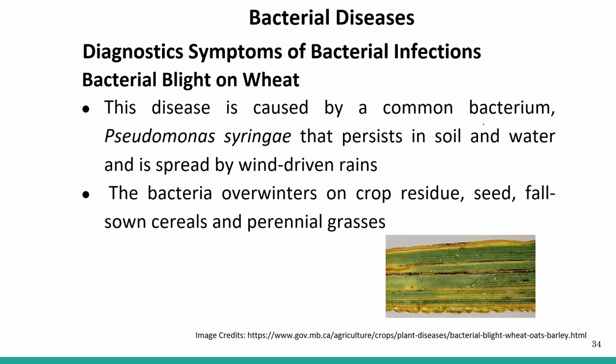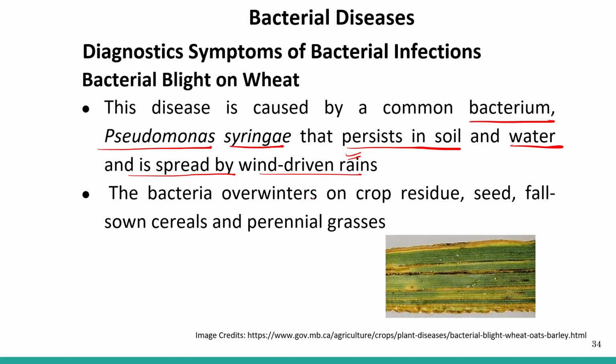This disease is caused by the common bacterium Pseudomonas syringae, which persists in the soil and water and is spread by wind-driven rain. When there is wind-driven rain, water splashes carrying bacteria can move from one plant to another.